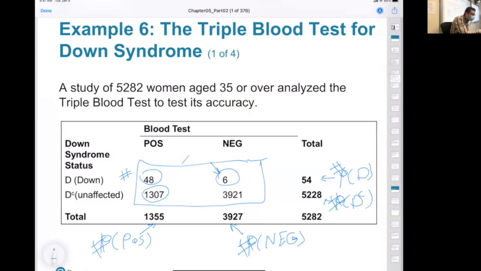This is the number of negative results where the Down syndrome status already exists. Okay, as you can see, and the same thing for here and here. So these are the numbers. I'm sorry if I said the probability. These are the numbers or the frequencies for each status.